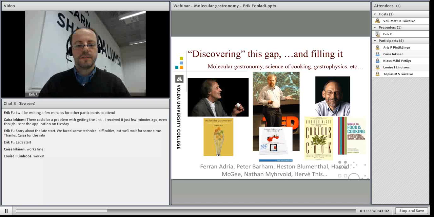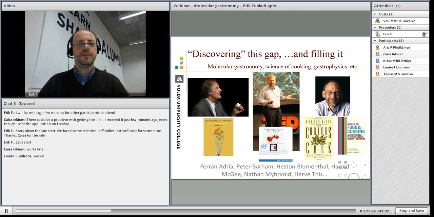So I don't know if it's really important to use this word or this name, but I could use molecular gastronomy, but then that would not necessarily be about high-tech cooking, but it would be about understanding the food. And in the context of the chemistry education at Helsinki University, I would say that that's also the understanding of the concept molecular gastronomy.